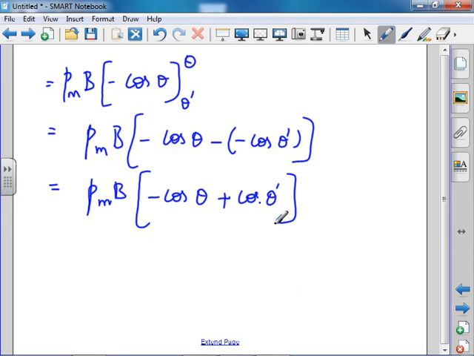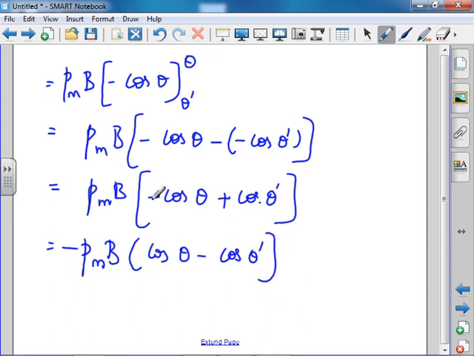And if you take the negative sign outside, you will get minus PMB into cos theta minus cos theta dash. If you take this negative sign outside, minus of minus will become plus.